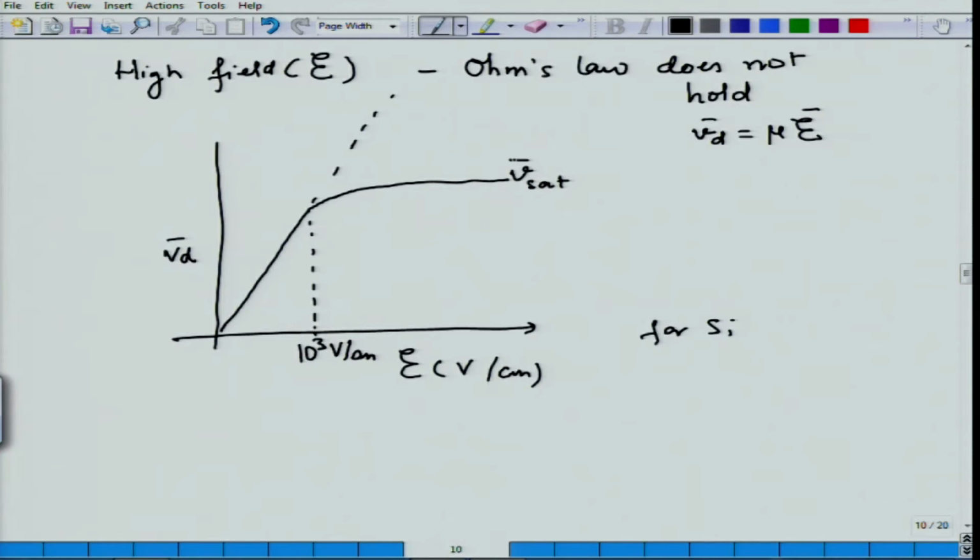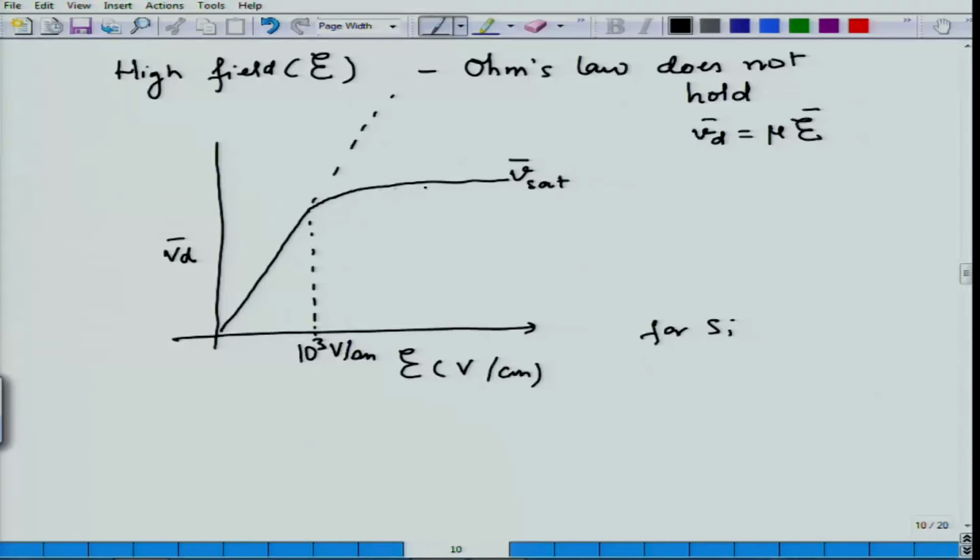What is happening is that as I keep increasing the field, the carriers respond to the field and get accelerated, and the drift velocity increases linearly. But if the fields become very, very large, all the energy that you provide to the carriers through the field is lost as heat, perhaps through emission of optical phonons and so forth, and you are not increasing the average velocity anymore, which leads to V saturation.